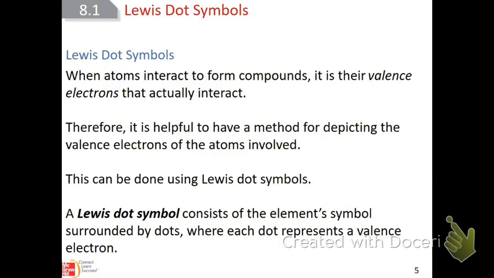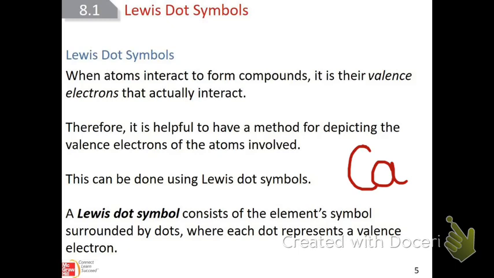His Lewis dot symbol consists of, let's talk about calcium. You would have the symbol for calcium, and because calcium is an alkaline earth metal, a group 2A metal, that means it has two valence electrons. So you would show its two valence electrons.